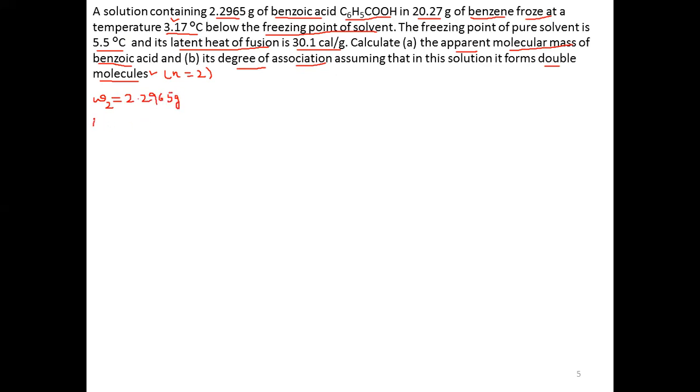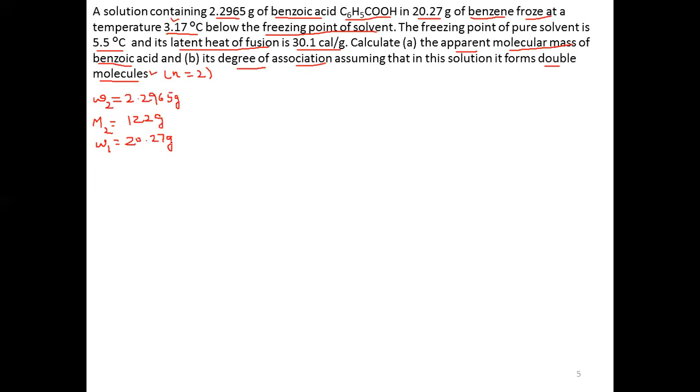Its molecular weight, the weight calculated from the formula: 7 carbons, 12 into 7, 84. 2 oxygens means 32. 84 plus 32 is 116. 116 plus 6, 122. Its molecular weight is 122 grams. Now the solvent is benzene, so its weight is given as W1. W1 is equal to 20.27 gram.